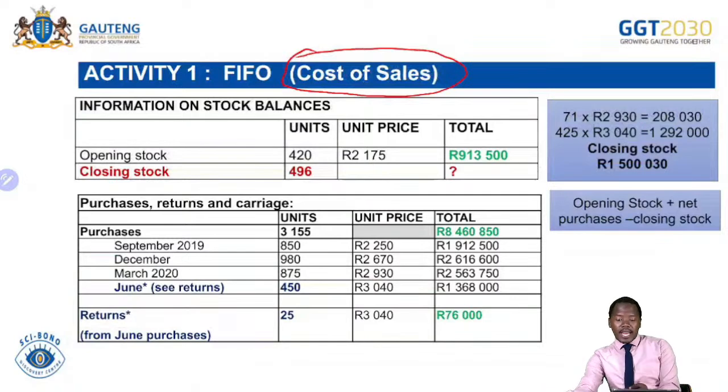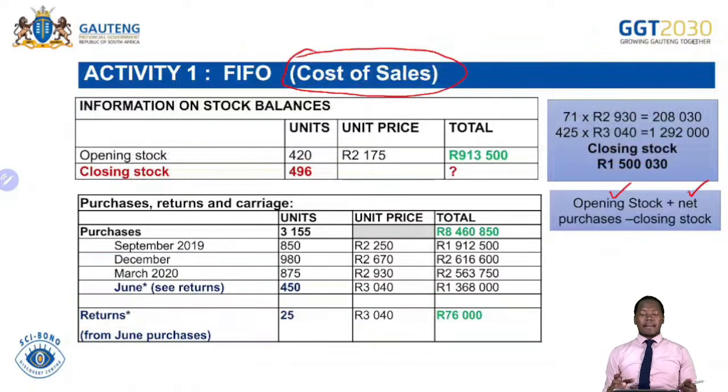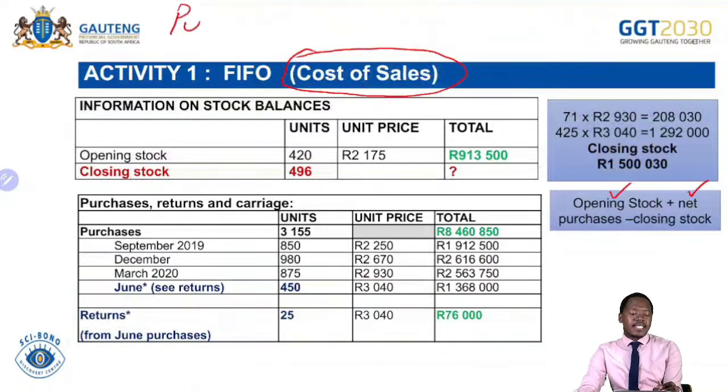Cost of sales, the formula is written there. We have our opening stock plus our net purchases. Now, what is net purchases, grade 12? Net purchases, it is our purchases.